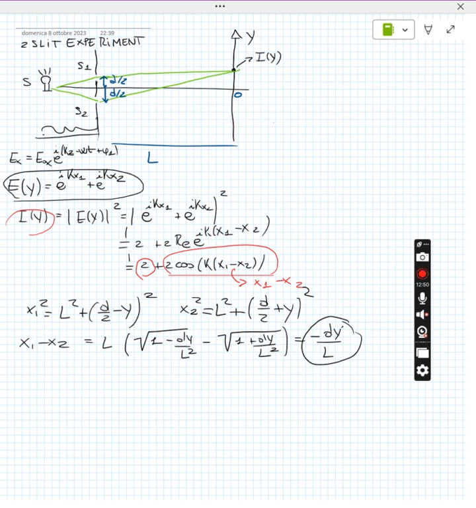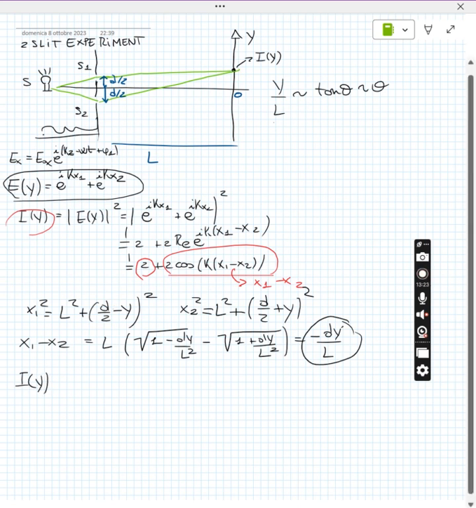I didn't focus that much on the algebra, but you can check that this is true. We can substitute this in here. An important consideration is that epsilon over L is approximately theta. So we finally get an expression for the intensity for small angles theta. We are considering small angles actually.